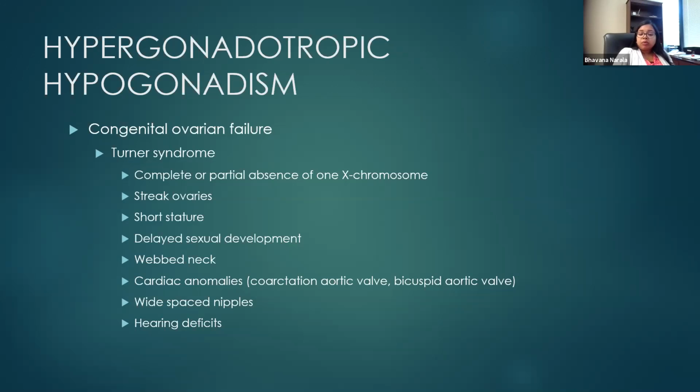We certainly think about getting a karyotype or at least screening with some gonadotropins, because if you have a 12 or 13-year-old with short stature, and their insurance requires approval for karyotype, you can just go ahead and get FSH and LH, and if they already have failure at 12, 13, you can be sure that you're probably dealing with Turner syndrome.